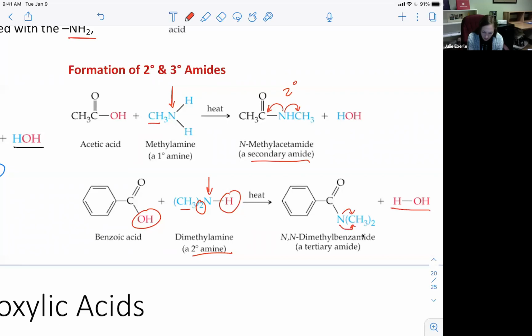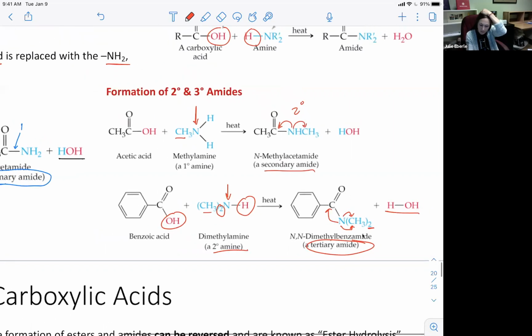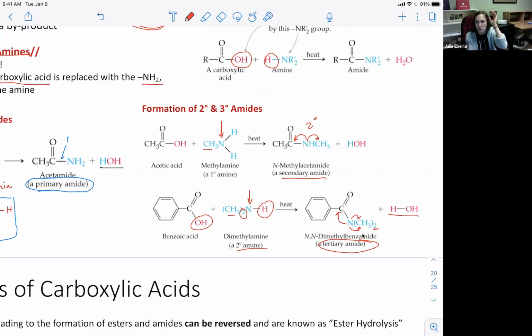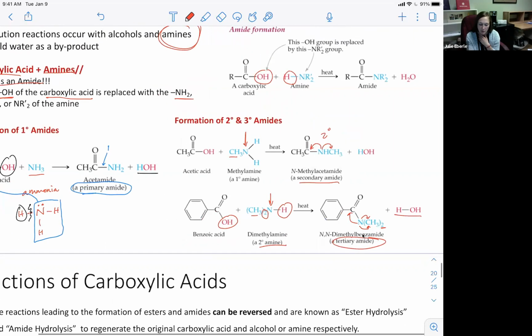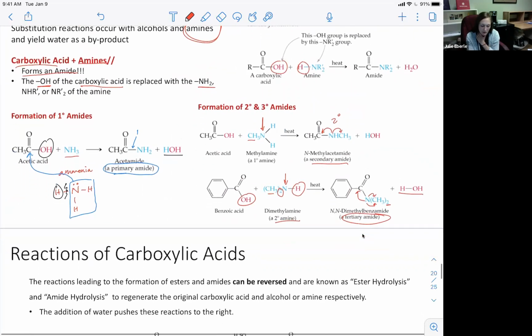I'm going to draw another arrow because we got 2 bonds to 2 different methyl groups, and we got another bond to the carbonyl carbon. So that's why we're saying this is a tertiary amide. Okay. But it's the same kind of reaction that we just looked at with esters. This time it's with an amine, so that what we form is our amide.